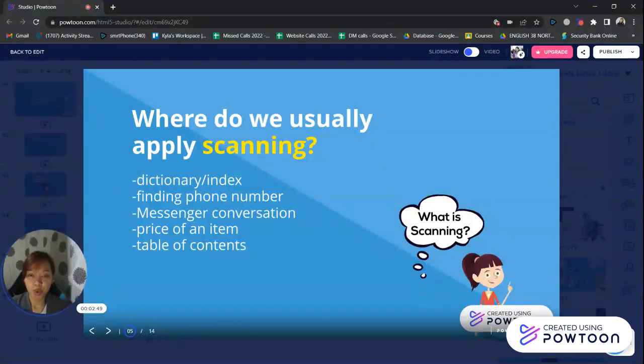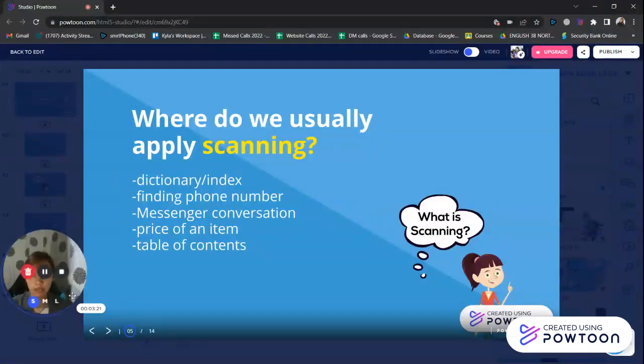If you are familiar with a telephone directory, which most people in the United States use, it's a thick, huge book that has all the telephone numbers of relatives, acquaintances, establishments, schools, organizations, and so on. If you want to look for a specific telephone number, you just have to use that telephone directory.